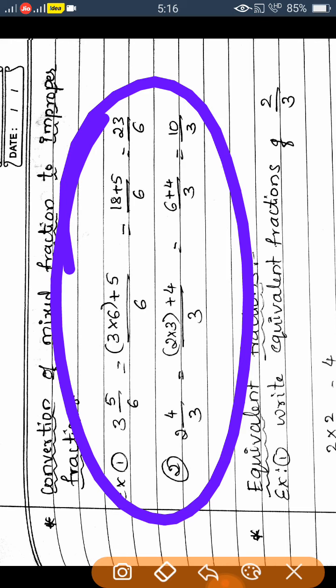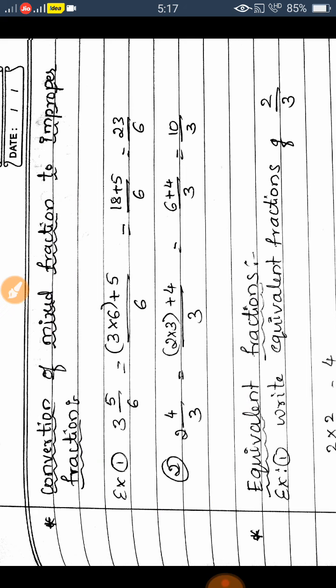For addition, subtraction, multiplication, division and all, this conversion is compulsory. Without conversion we cannot easily find it. We can add the whole numbers first, then add the fractions, but study this method first. That is for the higher classes.